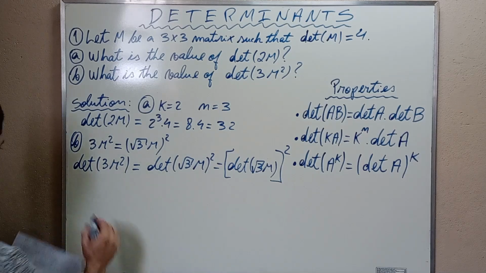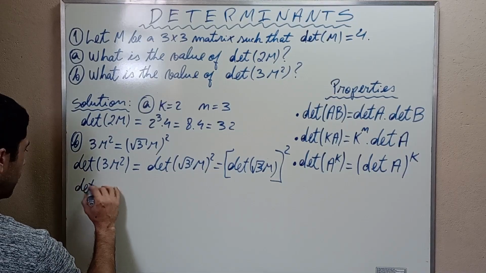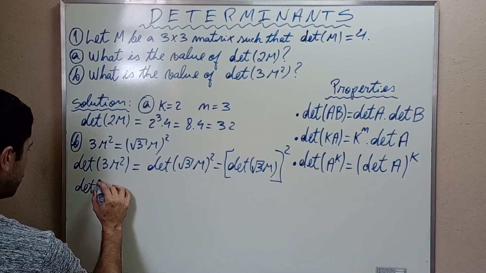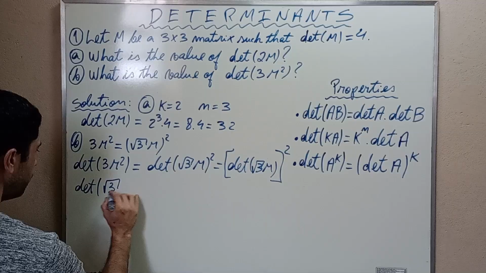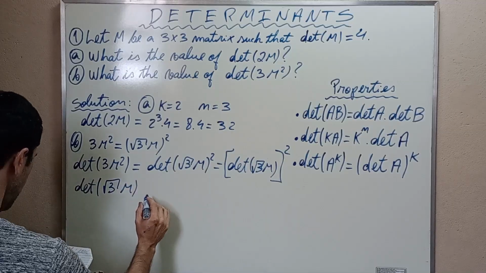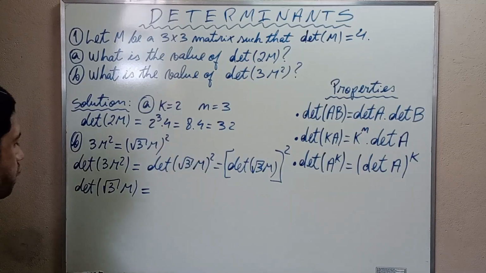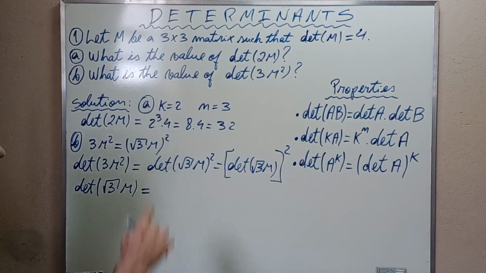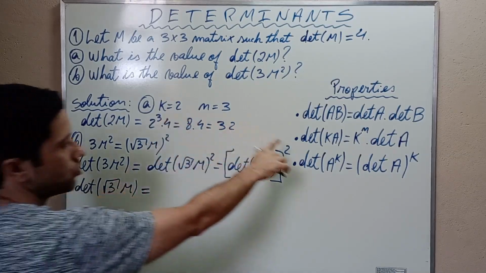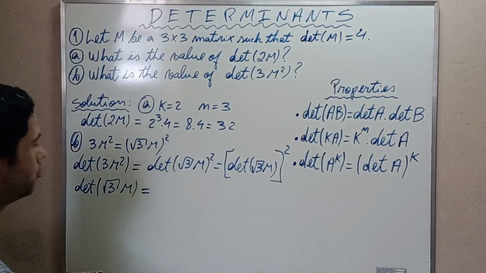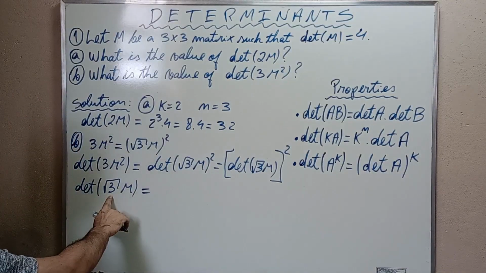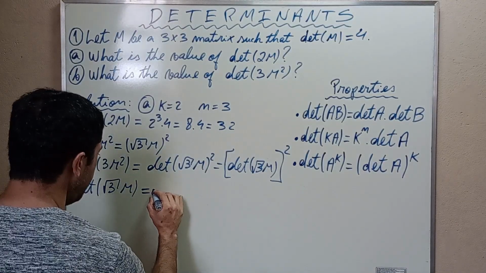As a consequence, the determinant of the square root of 3 times M is equal to, now k is the square root of 3. For letter A, k, the constant multiplying the matrix, was 2. Now the constant multiplying the matrix is the square root of 3.